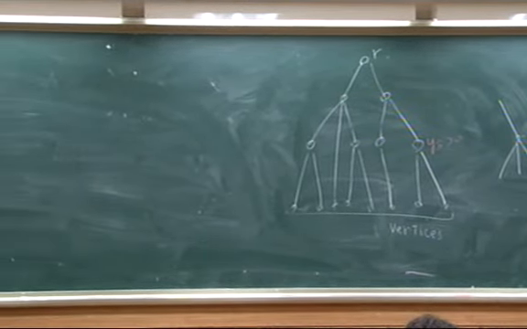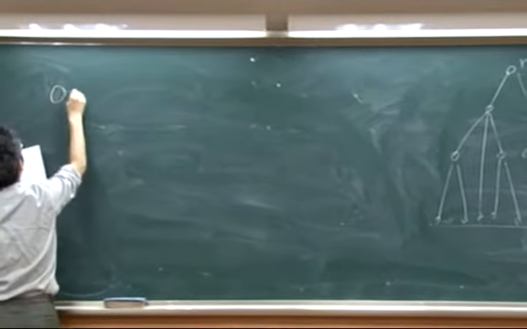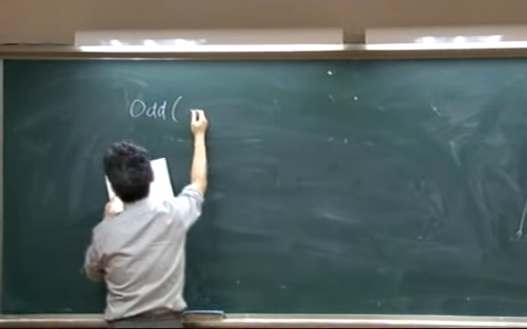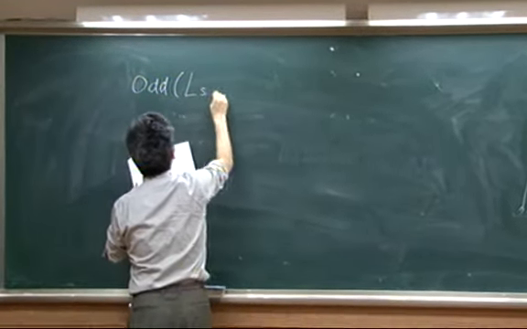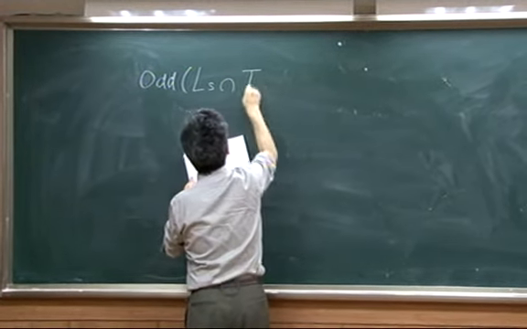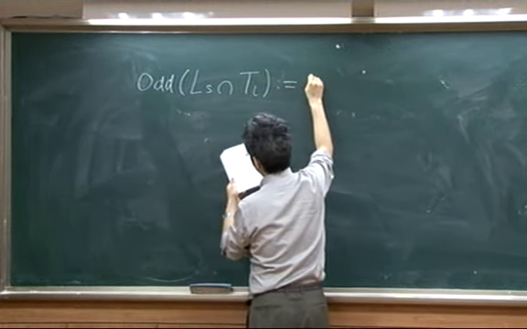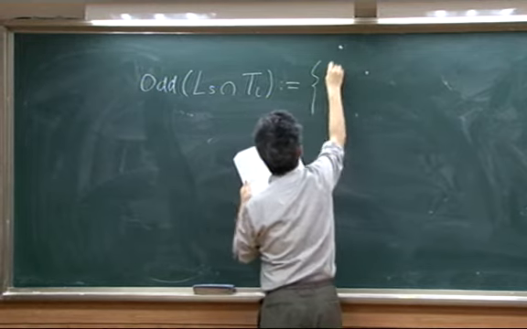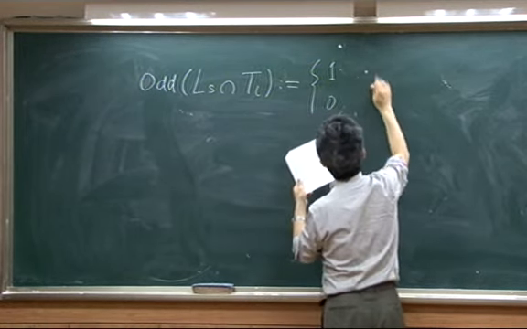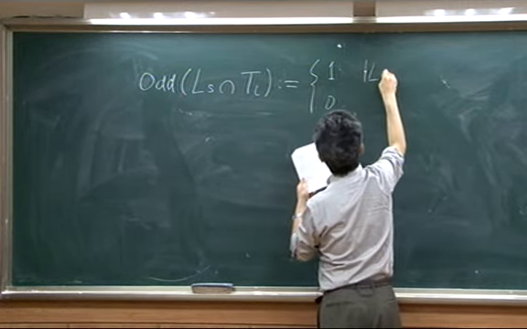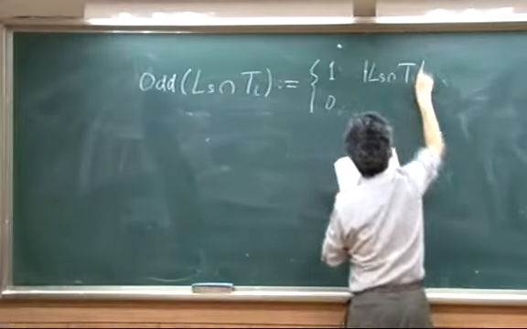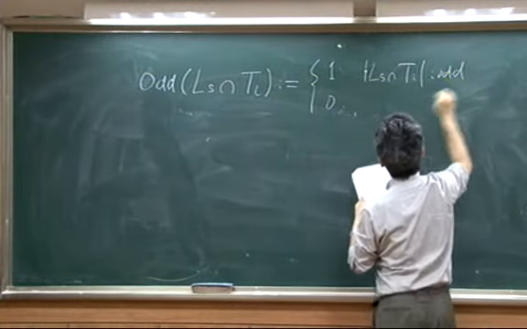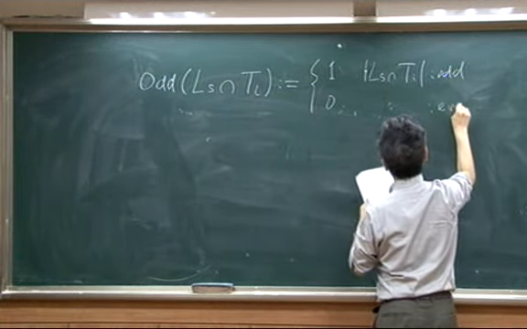I can write it down. If S is a leaf, TI is, say, 1 or 0. If TI is odd, and this is even.